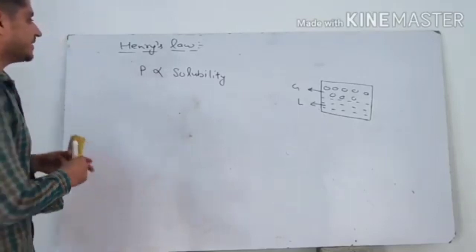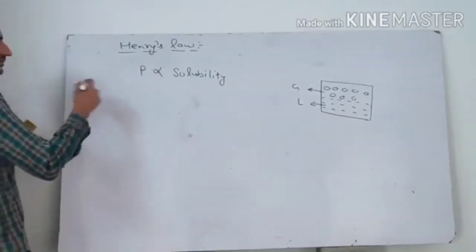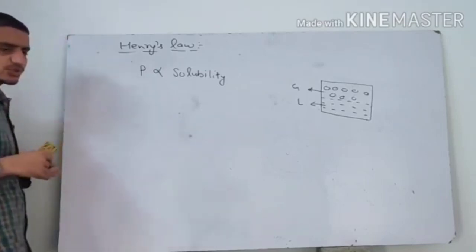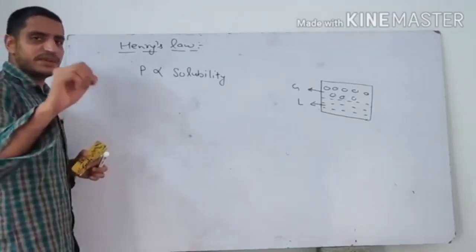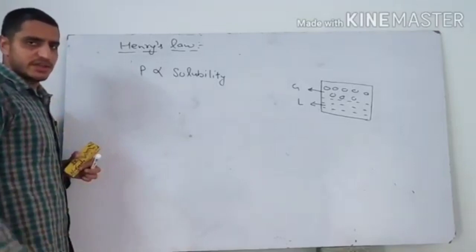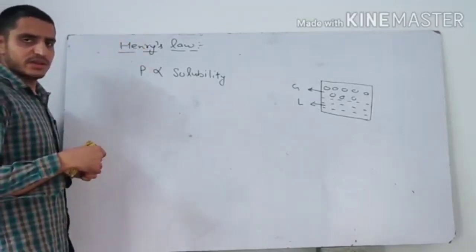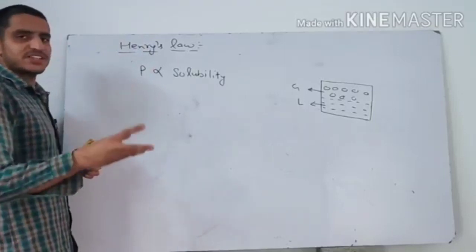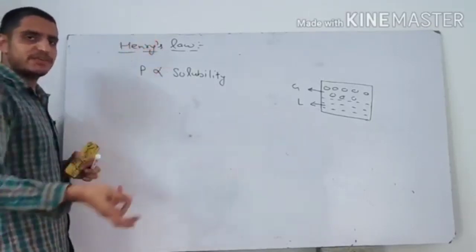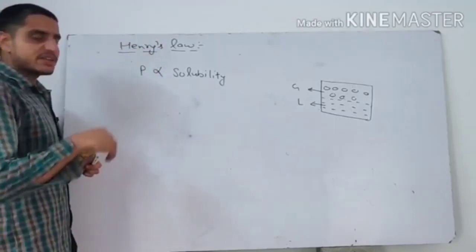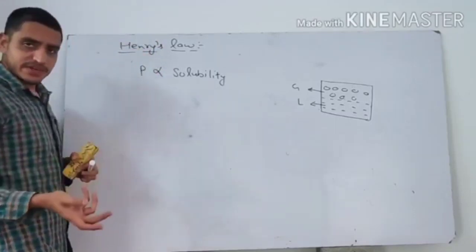Getting the point? So the statement of Henry's law involves partial pressure. Partial pressure, you have studied in the last class also. If there are three gases A, B, C in a solution and all of them form vapors, then the pressure applied by the vapors of gas A will be different, the pressure applied by the vapors of gas B will be different, and the pressure applied by the vapors of gas C will be different.